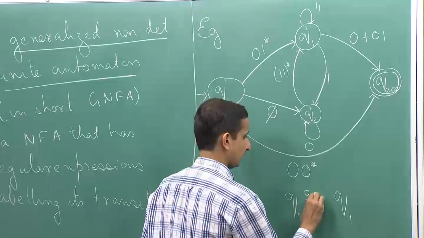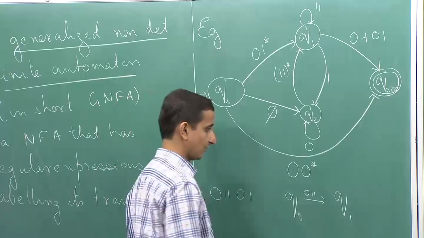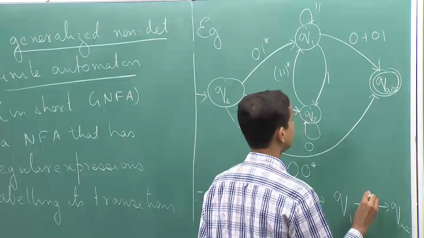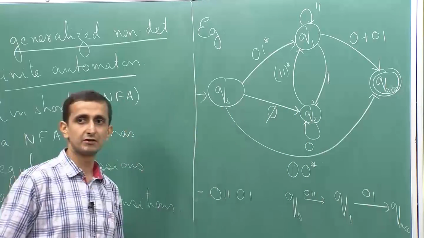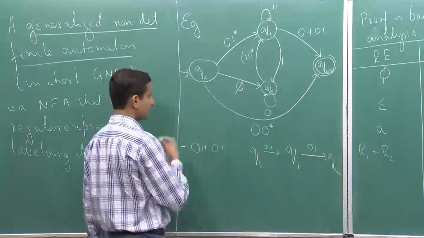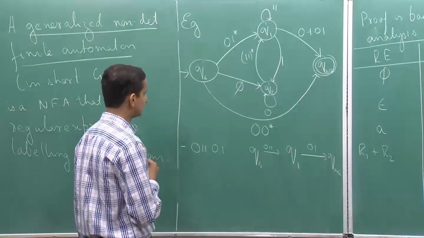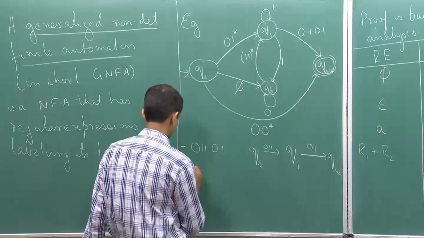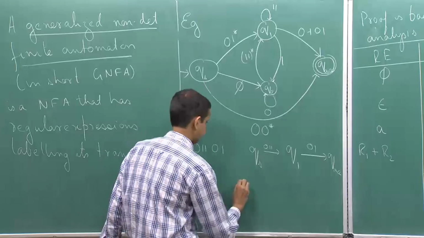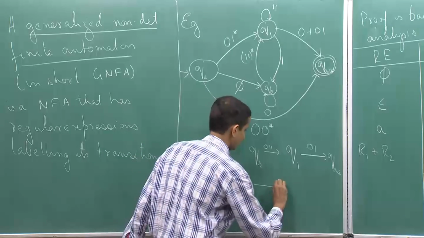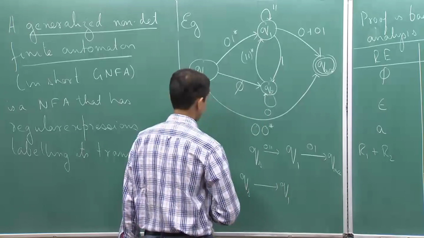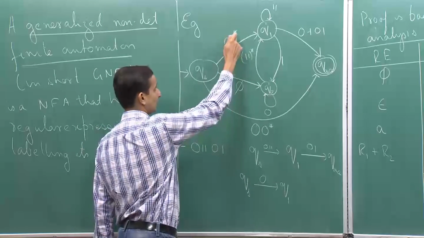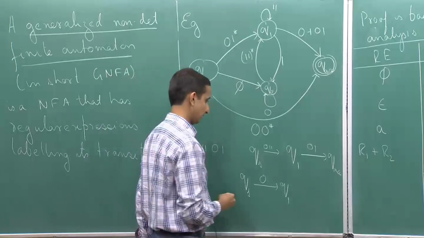Okay. So, one way is I go from Q start to Q1 by matching with 0 1 1, and then from Q1 to Q accept I take the string 0 1. So, this is one way. Maybe there are other ways also. For example, I can go from Q start to Q1 on the string 0, because this has 0 with 1 star, so I can take 1 star as epsilon.